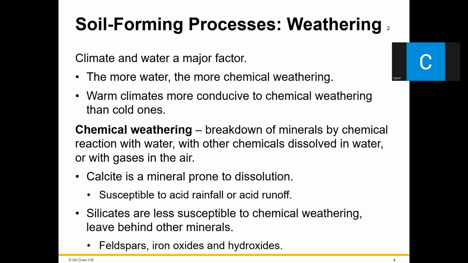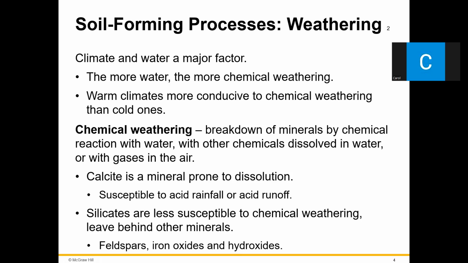That's how we get our caves and karst features here in Kentucky. And warm climates are also more conducive to chemical weathering because warm water dissolves more effectively than cold water does. Chemical weathering is the breakdown of minerals by a chemical reaction with water and the other chemicals dissolved in water or with gases in the air.